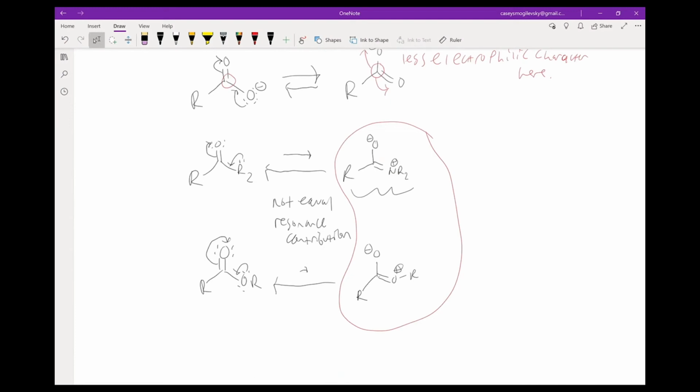So these are comparatively more electrophilic than this one. And this one is also more electrophilic than this one.